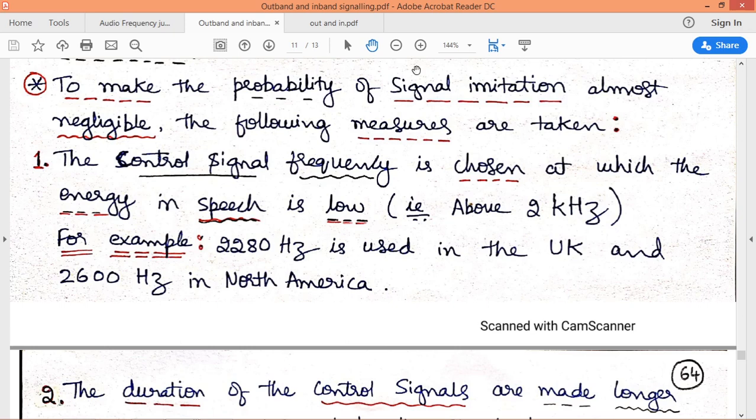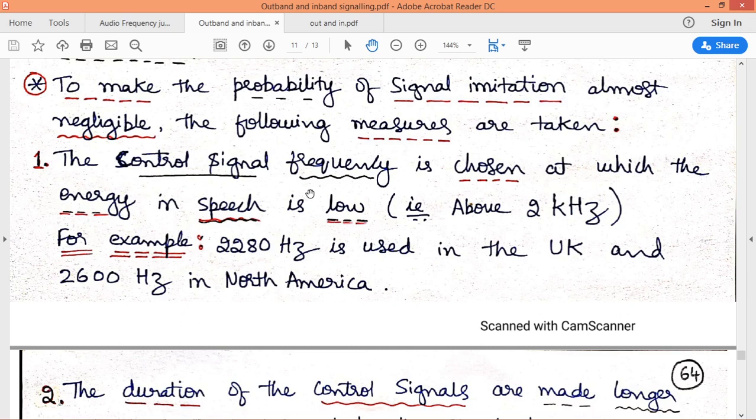In order to reduce signal imitation, the following measures are taken. The first measure is that the control signal frequency is chosen where the energy in speech is low, that is above 2 kilohertz. Generally, above 2 kilohertz the speech signal amplitude level will be somewhat lower, or the energy of the speech signal will be lower.